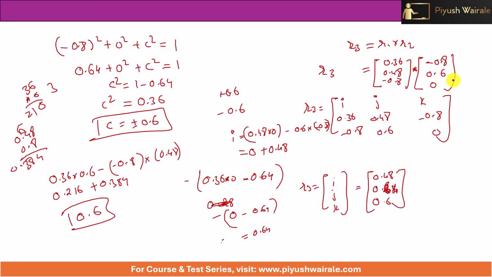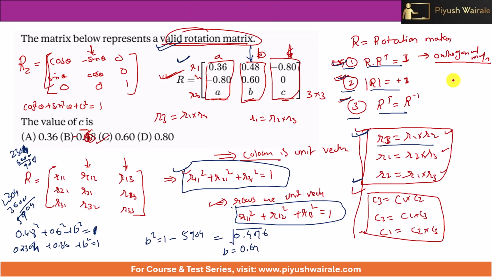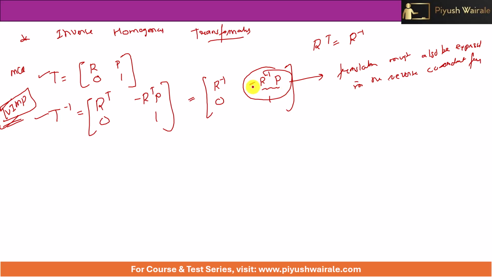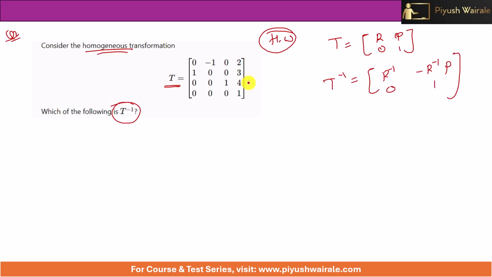Let me confirm, same thing we discussed in the previous slide. You can see here minus R inverse P, then 0 and 1. So nothing much in this question. You have to find the R inverse, then multiply by P, and you are going to get this T inverse.